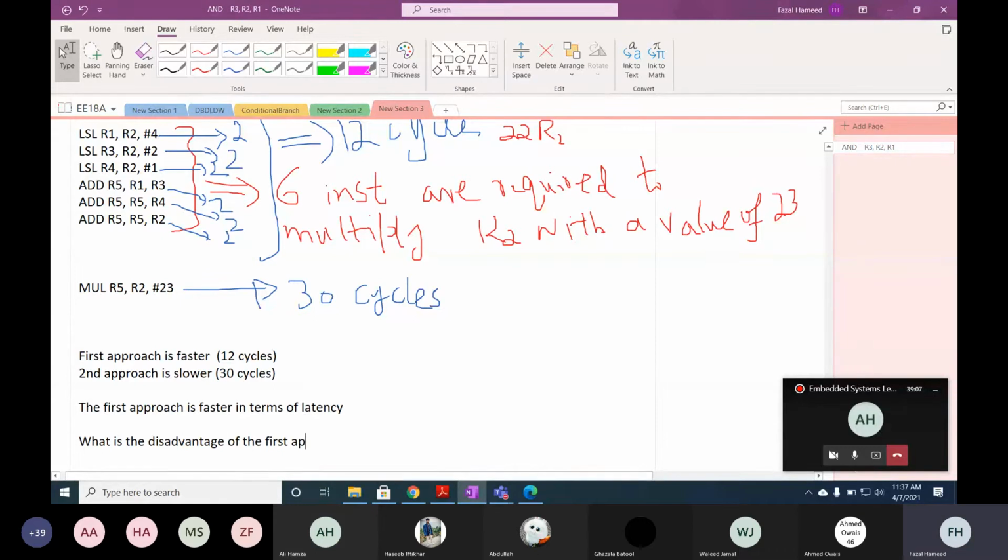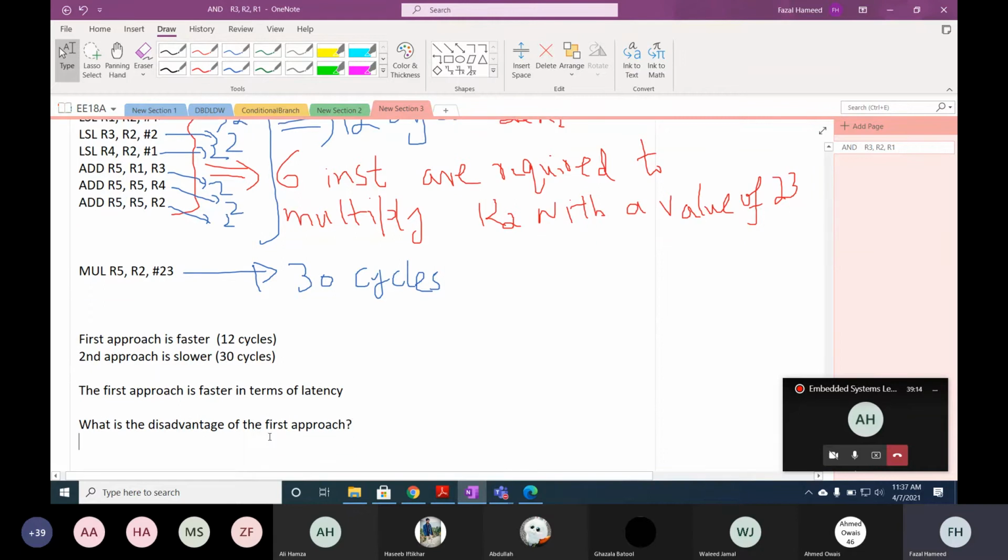So it means more instructions are required. How many instructions are required? 6 instructions are required, instead of a single instruction required for approach 2.